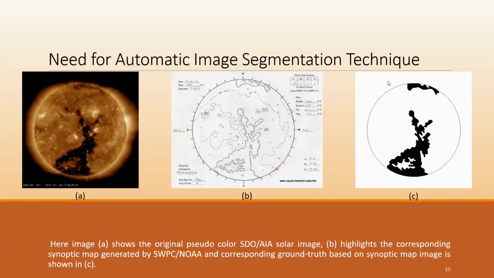But what happened with the development of instruments and space-based solar observatories? The data coming to us is quite large, quite big in volume. Drawing the coronal hole every time with pen and pencil is quite difficult. Therefore we need to shift to an automatic detection algorithm, or automatic computer vision algorithm.